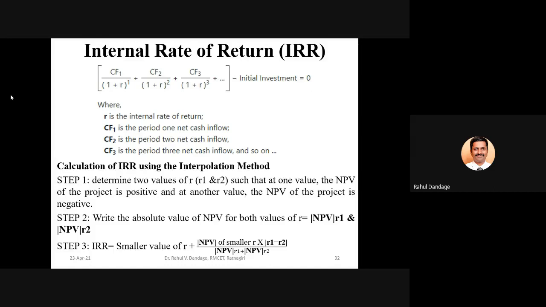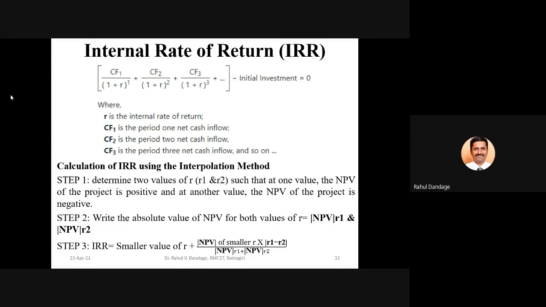So we assume two values of R, one is R1 and the other is R2, and the net present values received for these two values of R are positive for one and negative for the other. Then we take into account the absolute values of NPV for both values of R. Even though one is positive and the other negative, take only the absolute values and forget about the sign.